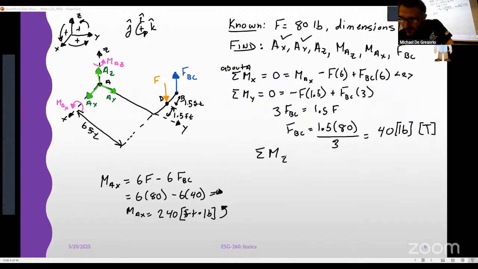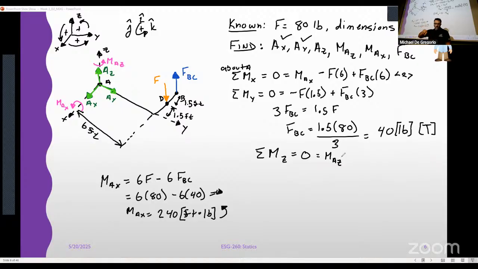Sum the moments in the z is equal to 0. Okay, about the z-axis. So if we're going to take this whole thing and rotate it around the z-axis, right? So spin it like a turntable. Well, first of all, I've got MA in the z direction, or about the z-axis, right?